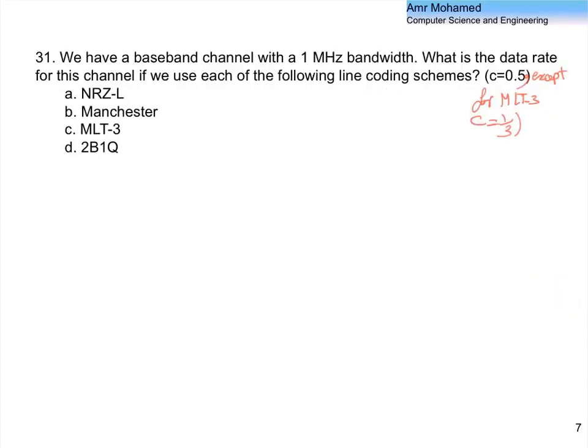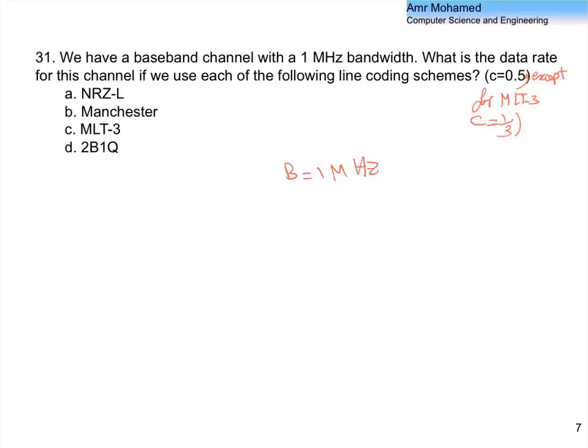Next exercise. For the next exercise, we have a baseband channel with bandwidth equal to 1 megahertz. What is the data rate for this channel if we use each of the following line coding schemes?